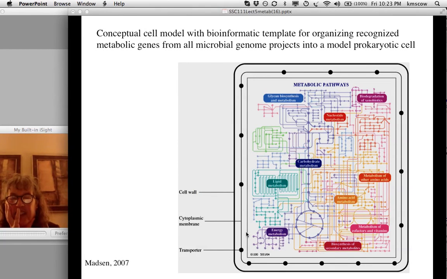And here is a conceptual model of a cell.